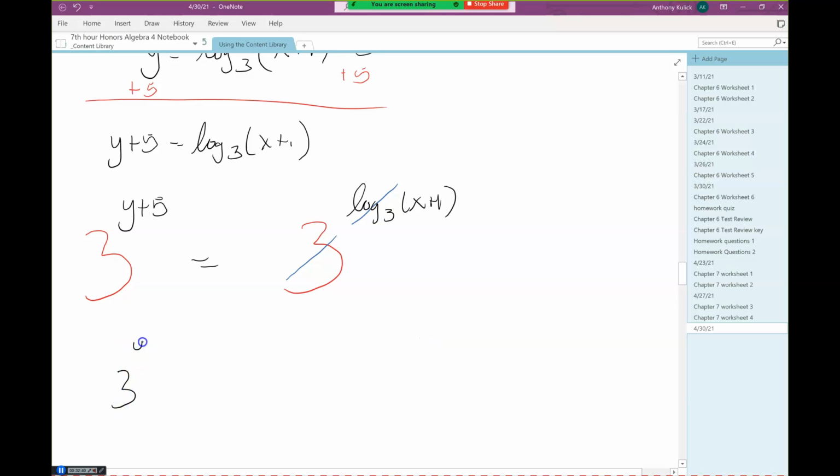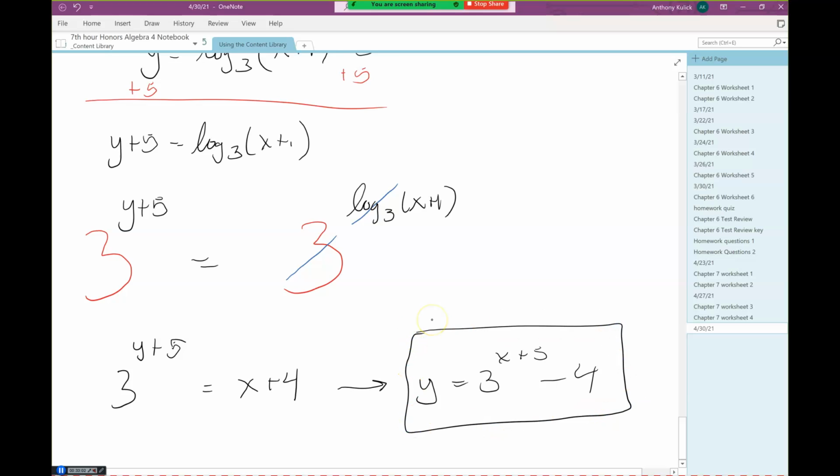So we have 3 to the y plus 5 equals, we just have the x plus 4 left. And then we subtract 4 and swap to get this. Everybody's okay with me doing that all in one step, I hope.